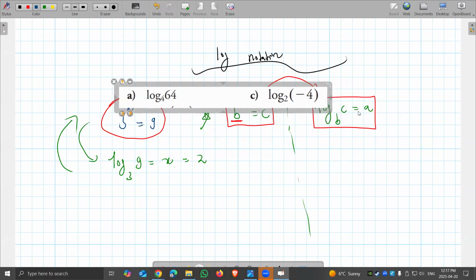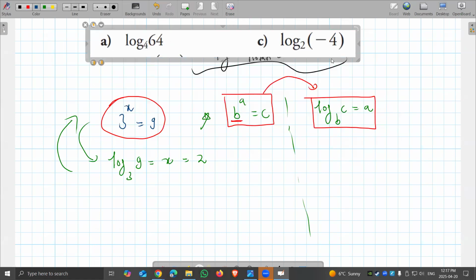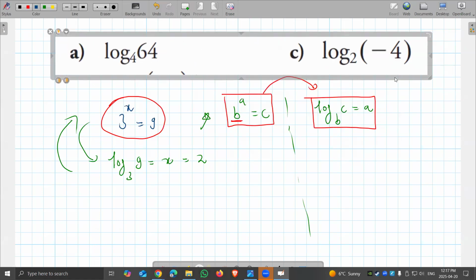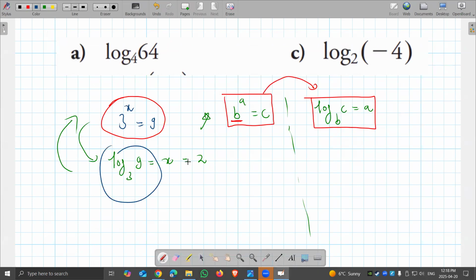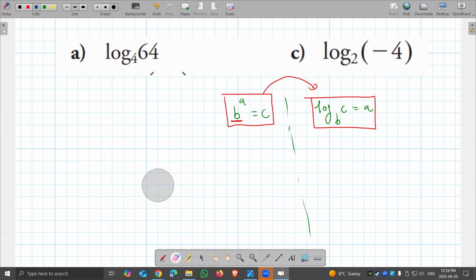So our goal is to find what this entire expression equals, like how log base 3 of 9 is equal to 2. What is that entire thing equal to? Now, the way to solve this is by setting it up. So let's assume that the answer to this is x.